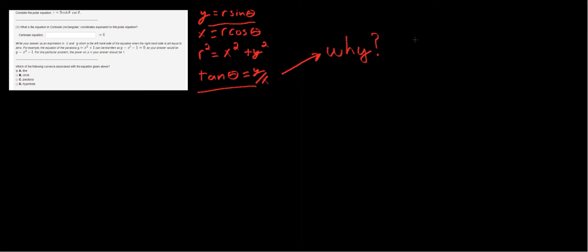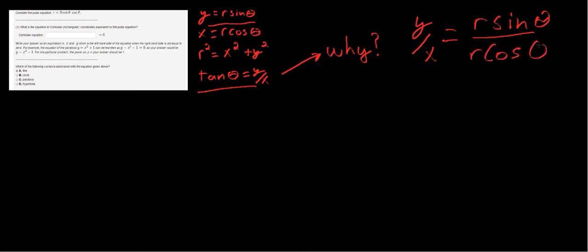Now, this one may be a little unique. You might not have seen this one before, and that's fine. I'll show you why tan theta equals y over x real quick. Well, what's y over x? Y over x equals r sine theta over r cosine theta. Now our r's cancel.